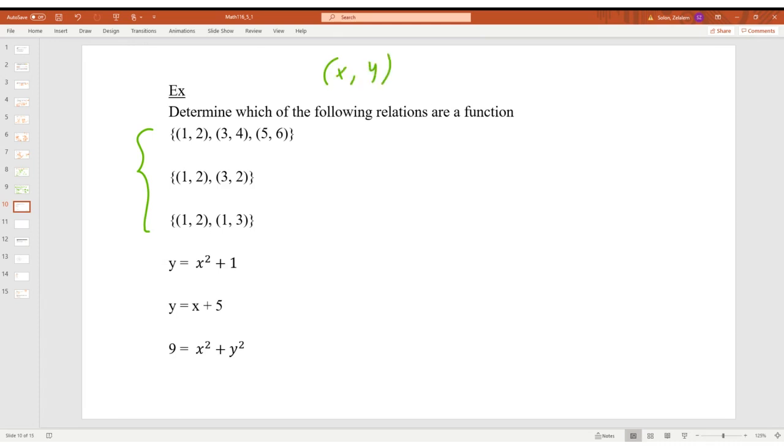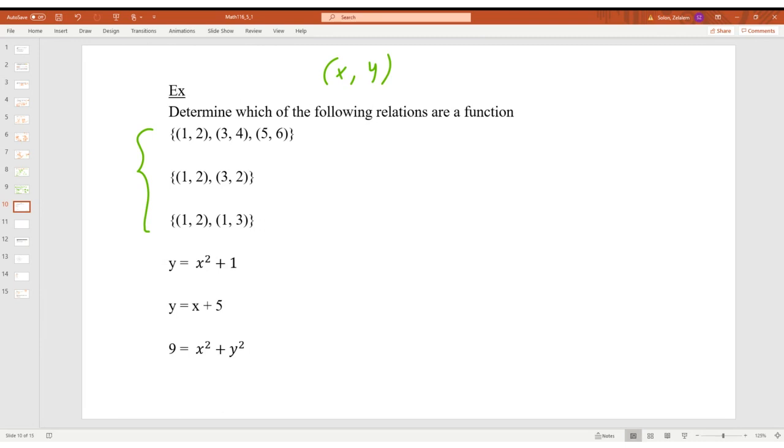Now, the x cannot repeat itself. If x repeats, that means for one x value you have multiple y values. When we define a function, we said each x value should have a unique y value, or one y value. If x repeats, that relation is not a function.